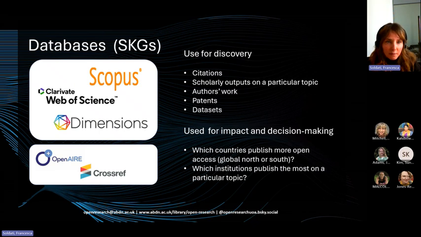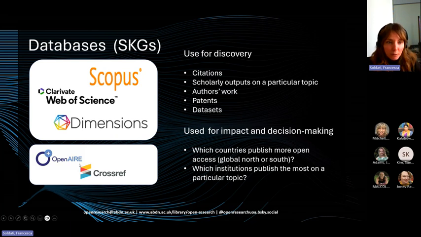If it's still not clear, I think this example will help. Other citation databases or knowledge graphs that are quite popular are Scopus, Web of Science, and Dimensions. I think you would have heard of them and probably have used them. Others that are maybe a bit less popular are OpenAlex and Crossref.